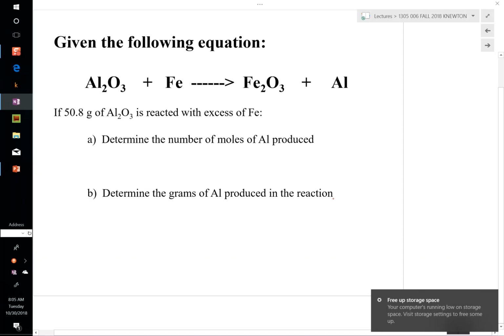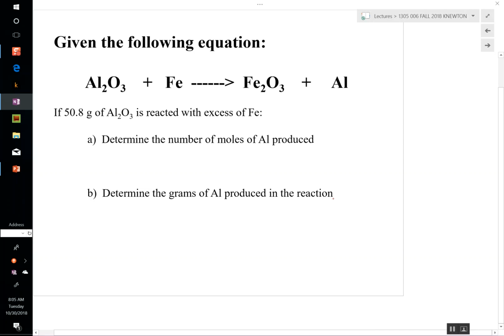If there was only a little pinch of iron, we wouldn't consume all that 50.8 grams of aluminum oxide. The reaction would proceed until the iron was gone, and then the reaction would stop. You follow me? But here they're telling us there's plenty of iron. Iron is not going to stop this reaction. It's the aluminum oxide that is going to run out.